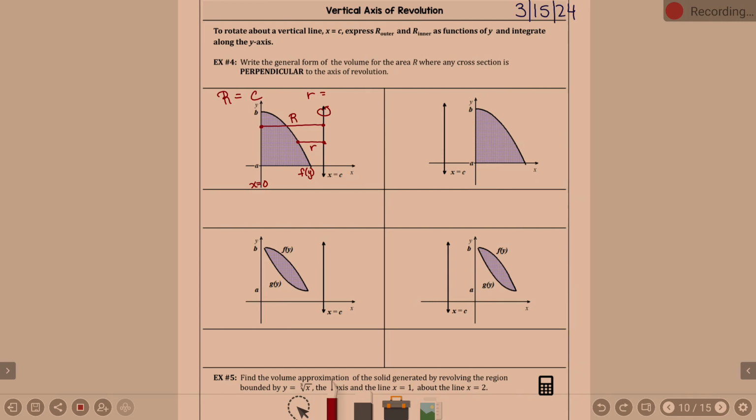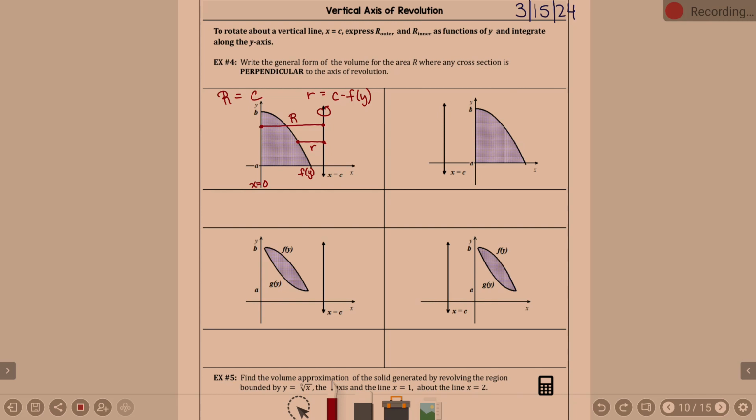And so little r is the distance between f of y and c, but we're going to do c minus f of y. Like yesterday it was more upper minus lower; today it's going to be more right minus left.